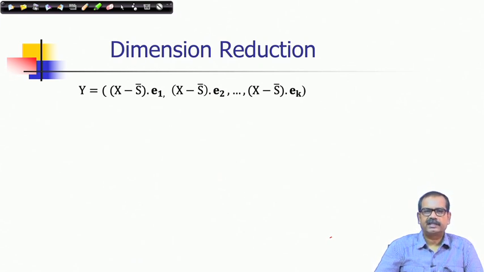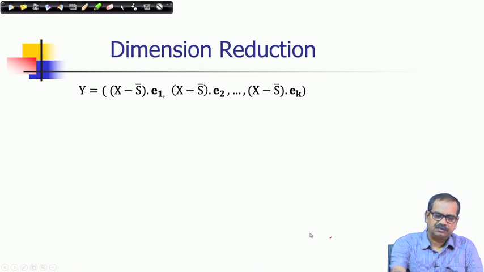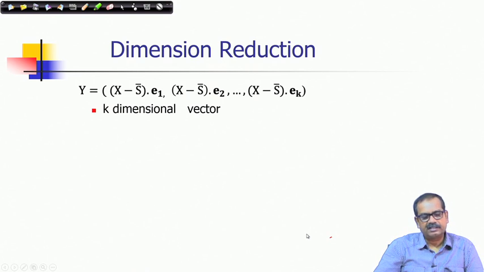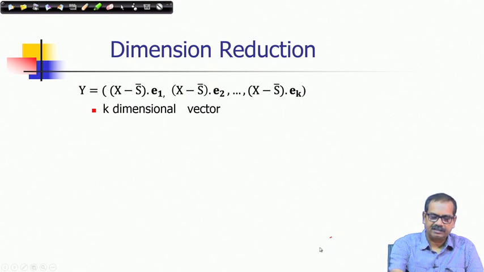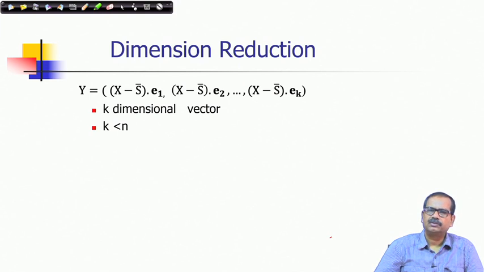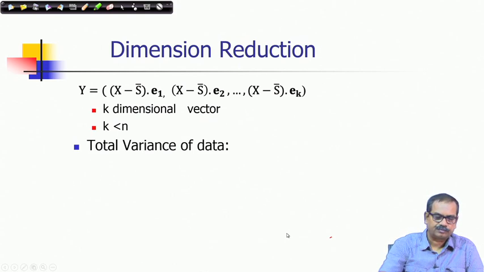So, the first k components in decreasing order may be sufficient to capture the variances of the data. So, we have a k dimensional vector, and as you understand, k has to be less than n, or it could be equal to n also.